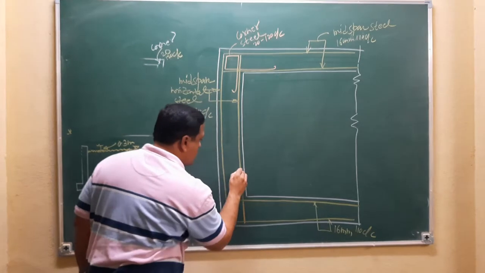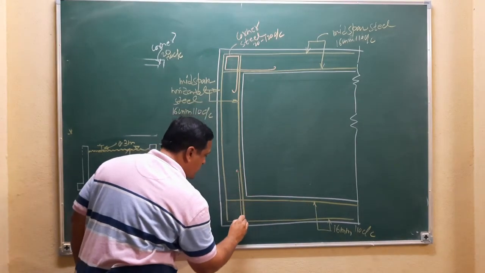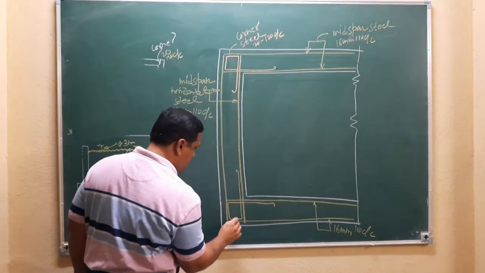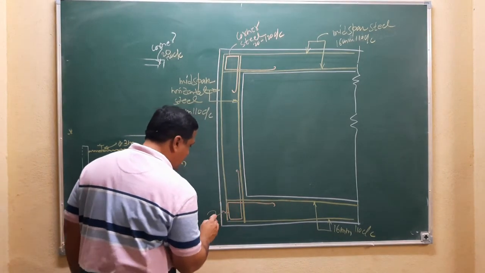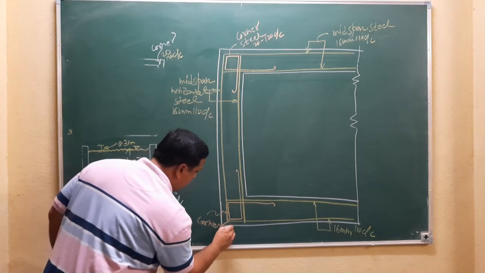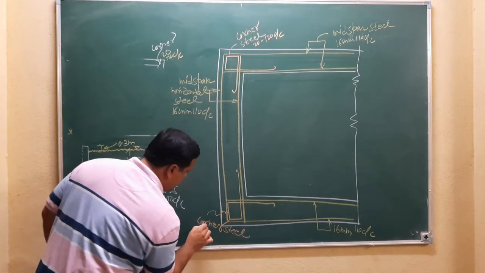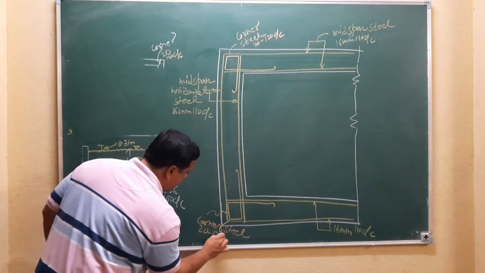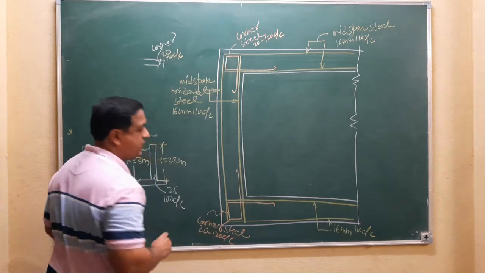Same thing. Corner steel, it is horizontal steel like this. I will write down here: corner steel, 20 mm diameter, 120 centimeters.